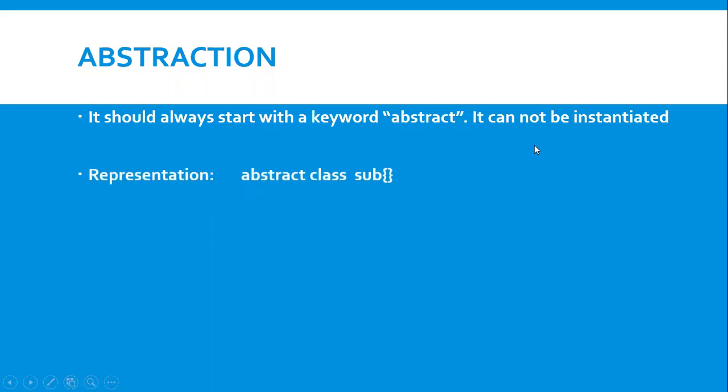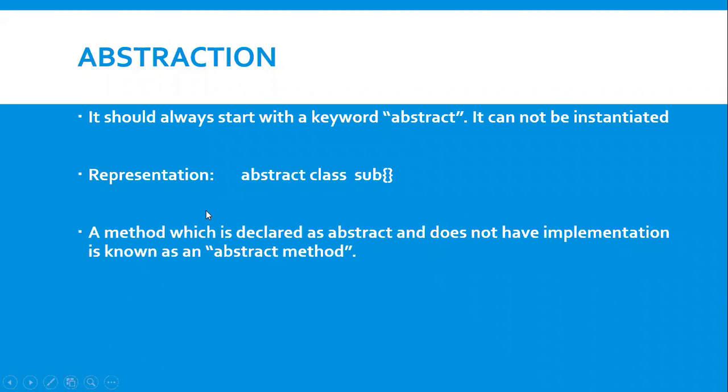This is the syntax: abstract class, space, the name of the class, and the block. A method declared as abstract doesn't need to be implemented in the abstract class. That is what we call an abstract method.